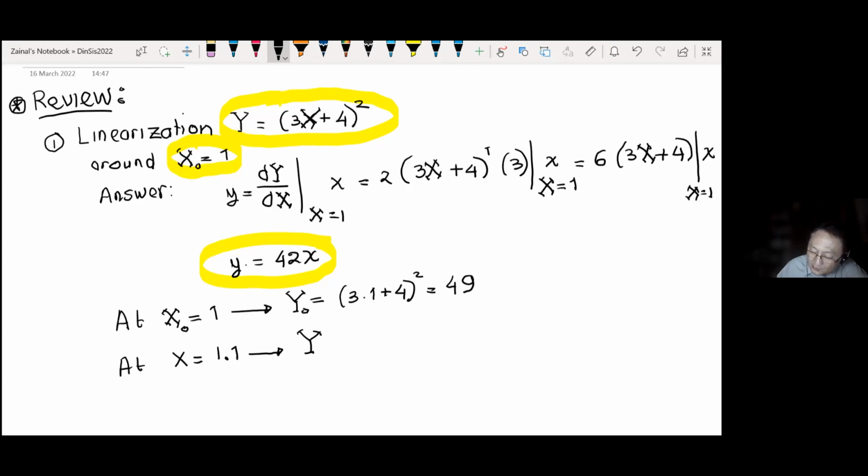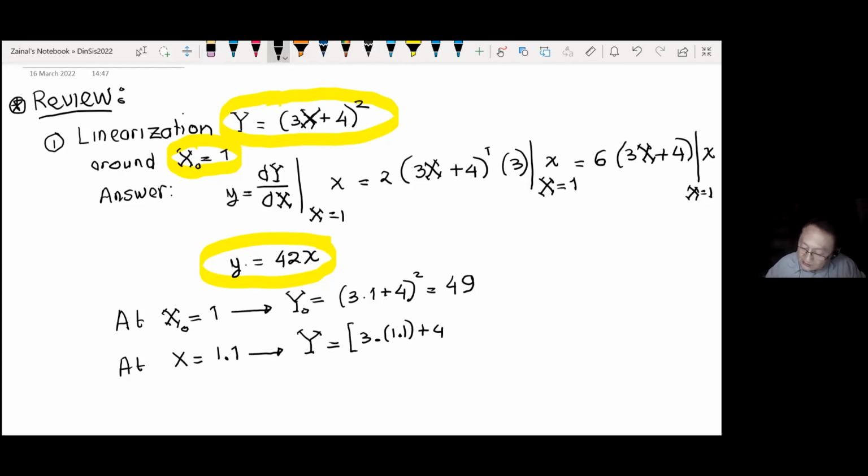From the nonlinear equation, you get 3 multiplied by 1.1 plus 4, square.